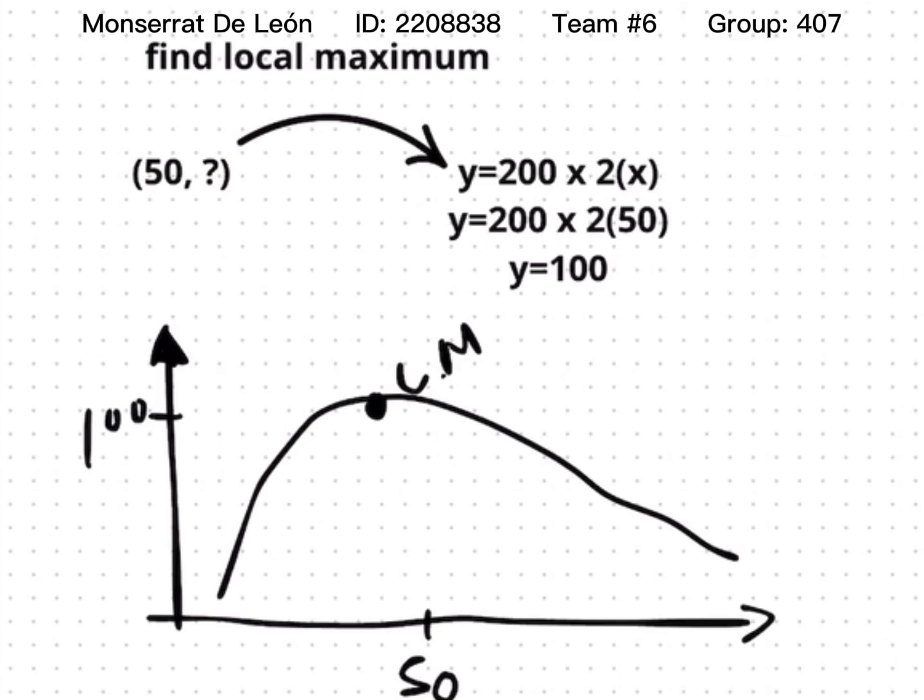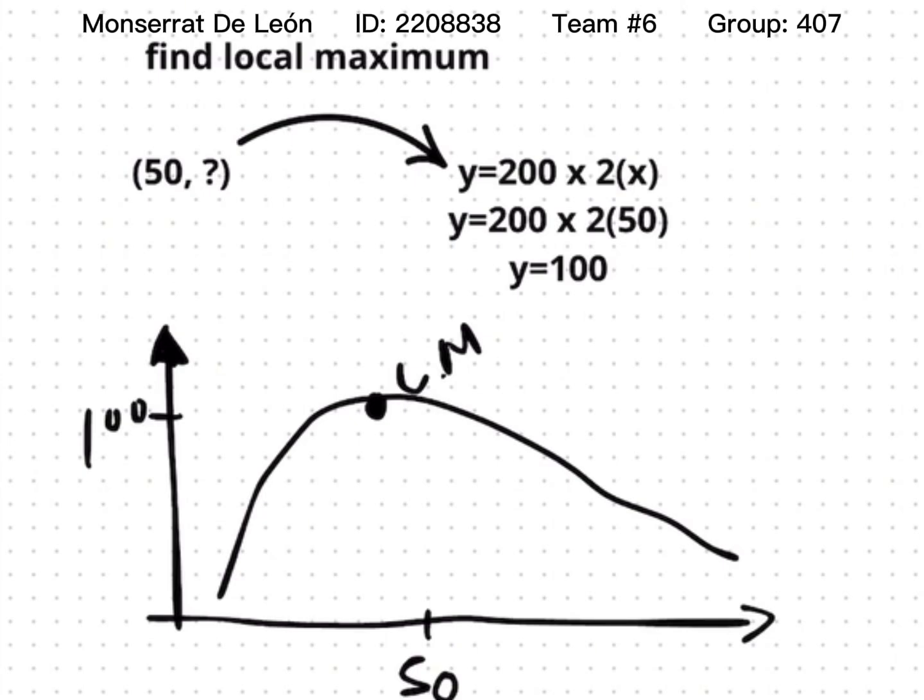Now we have to locate the y-coordinate. We substitute the number 50 in the function, and after doing the procedure as we see here, we obtain 100.